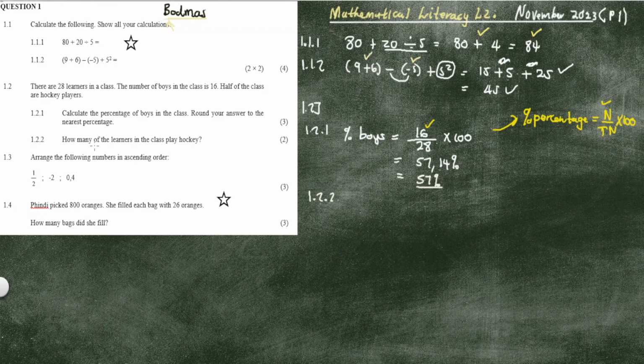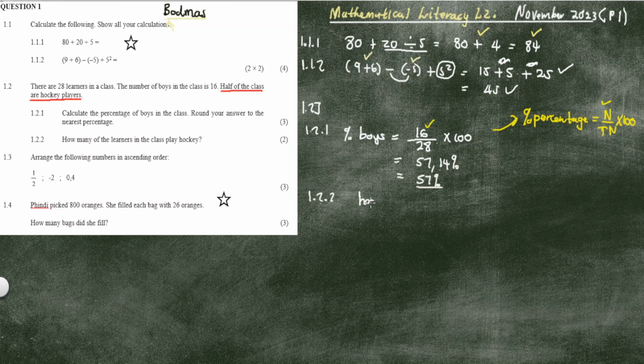1.2.2, how many of the learners in the class play hockey? They say half of the class are hockey players. Out of the total of 28 learners, half of the class plays hockey. Now, the question is, how many of these learners are playing hockey in the classroom?